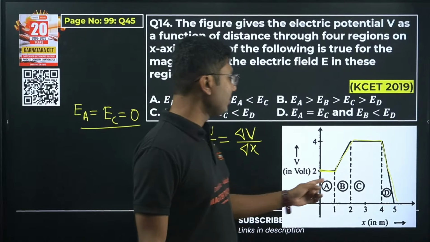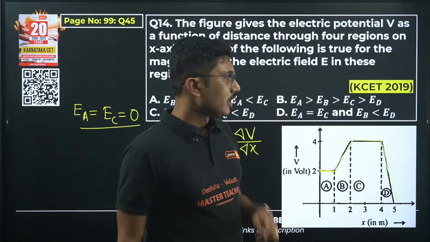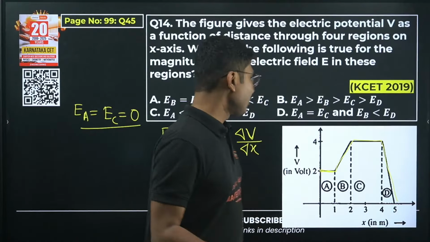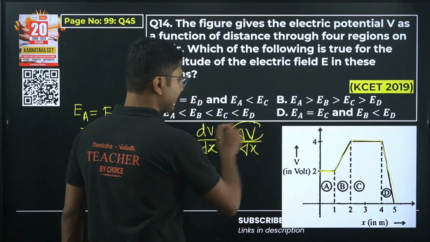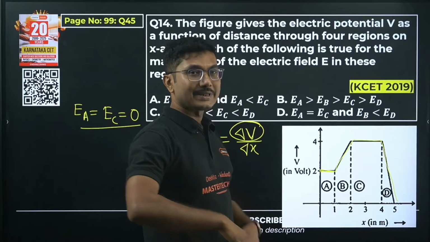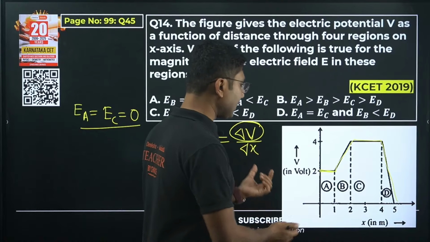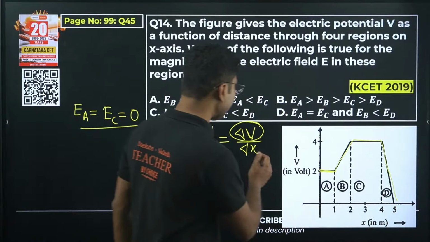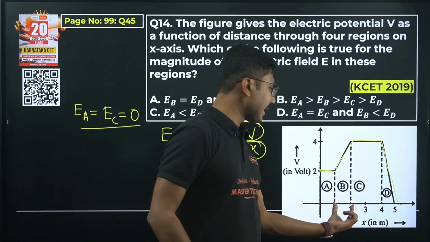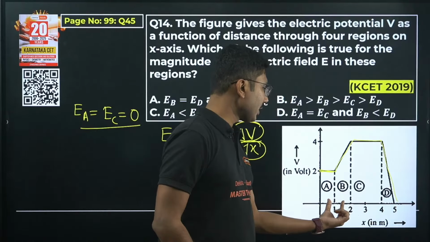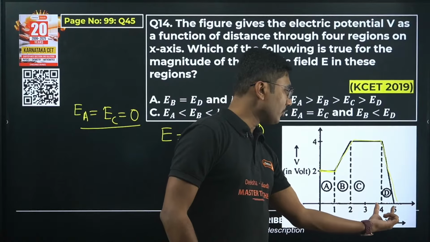Okay, now what about EB and ED? Now it is about how much V is changing. Delta V represents the change in voltage. In the division part, delta x for both cases is 1. From 1 to 2 that means 1, from 4 to 5 that is 1.